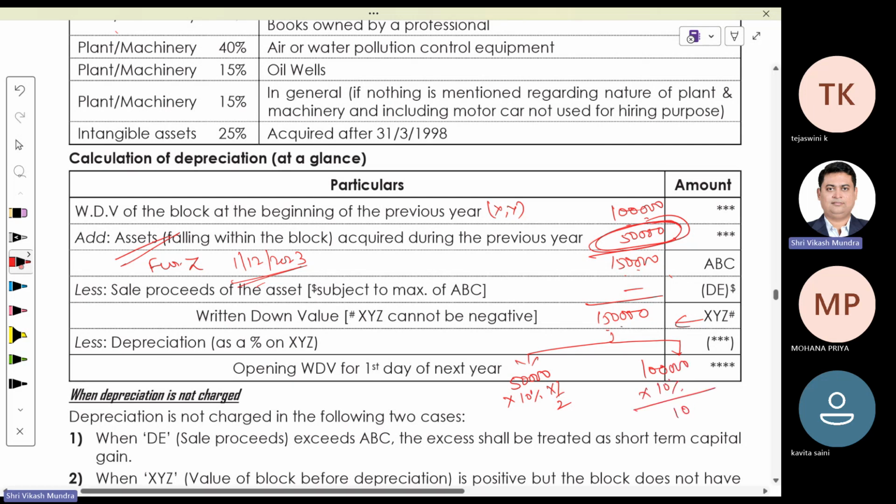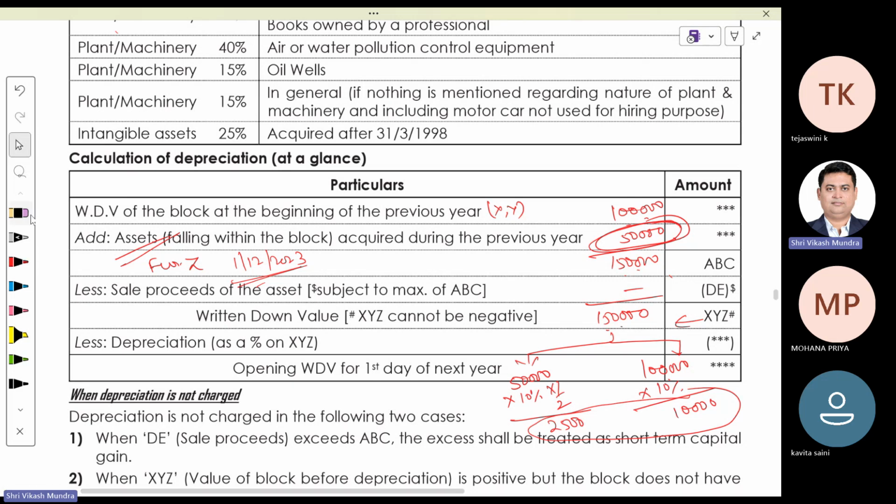That is, our depreciation would be 10,000 on this, and on this, our depreciation would be 2,500. Altogether, I am eligible for depreciation on this block for rupees 12,500. Apart from this, the date of acquisition or the date of sale of assets are irrelevant for calculating depreciation under income tax law.